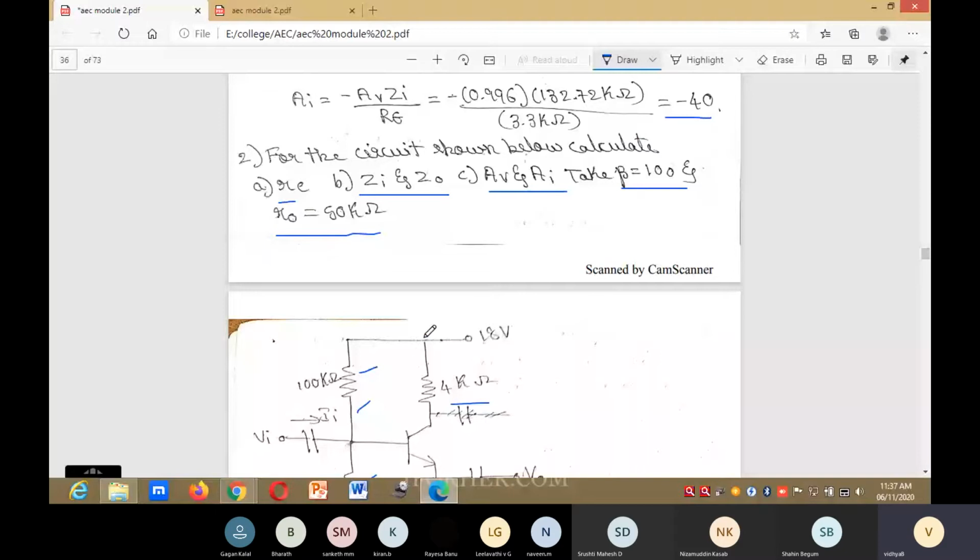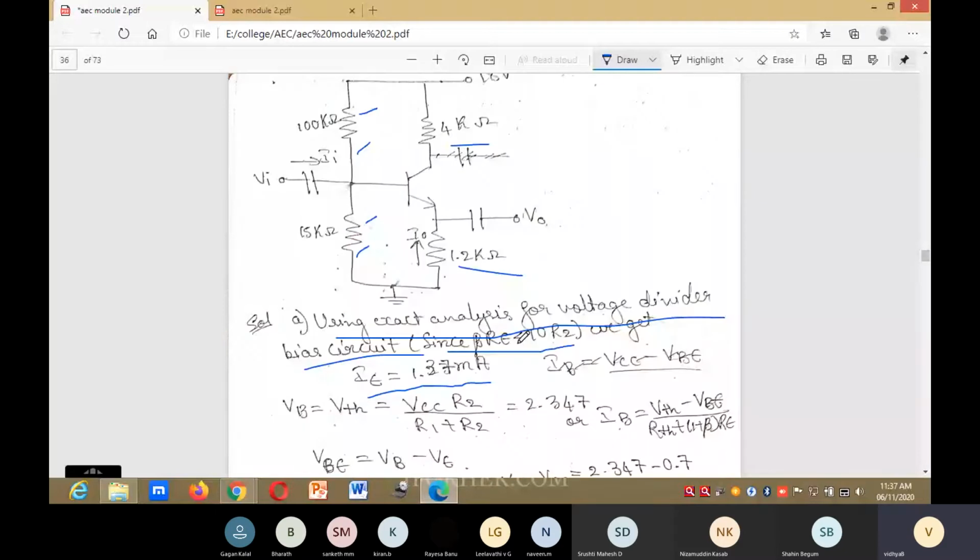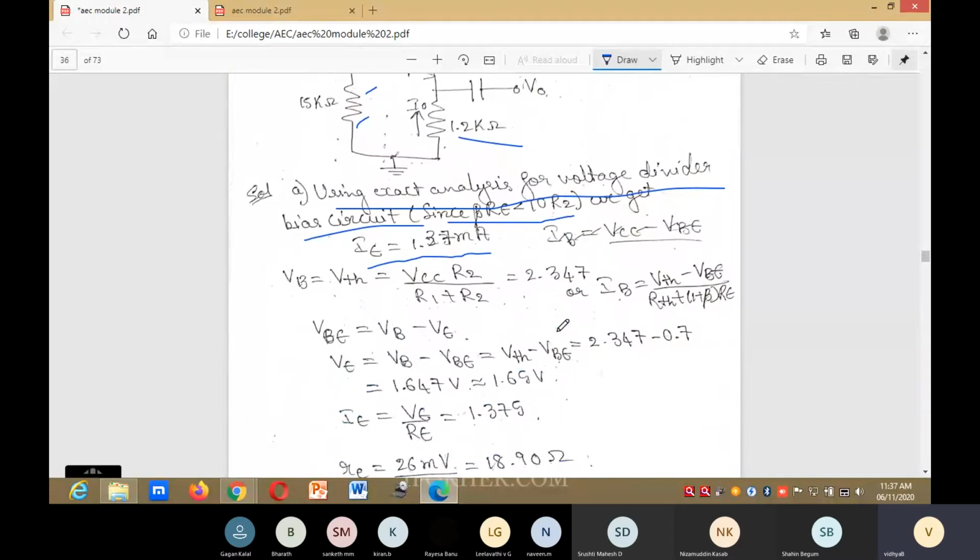First we need to check whether it is exact analysis or approximate analysis. We should check. Why are we using exact analysis for the voltage divider bias circuit? Because beta RE is less than 10 times R2, so that's why we are using exact analysis. VB is equal to VTH is equal to VCC into R2 divided by R1 plus R2.